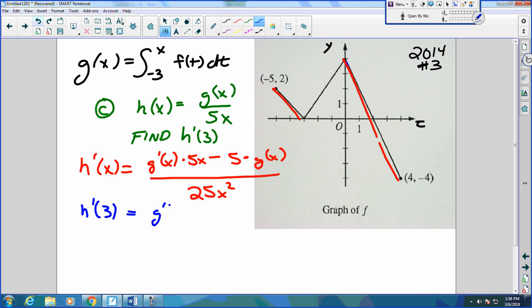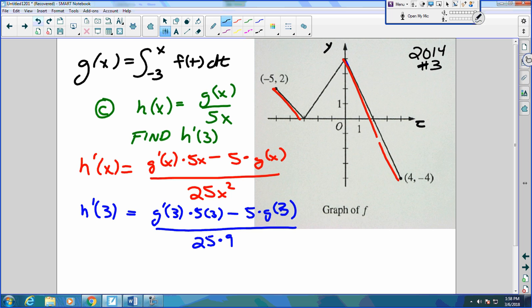So let's plug it in. Now, g prime of 3 times 5 times 3 minus 5 times g of 3 over 25 times 3 squared, which is 9. You guys agree? So I would actually write this if I was doing the AP test. And I know I pushed it off, but if you look at your notes, we already calculated g of 3 for letter A. G of 3 is 9.